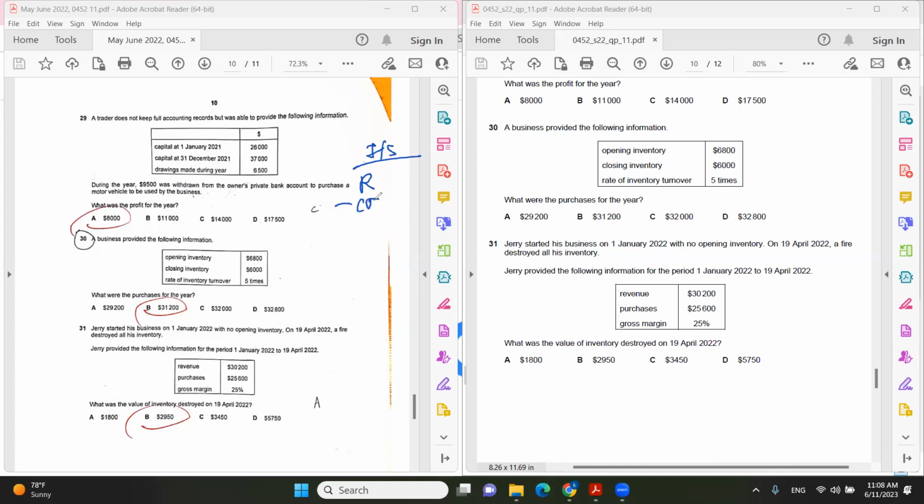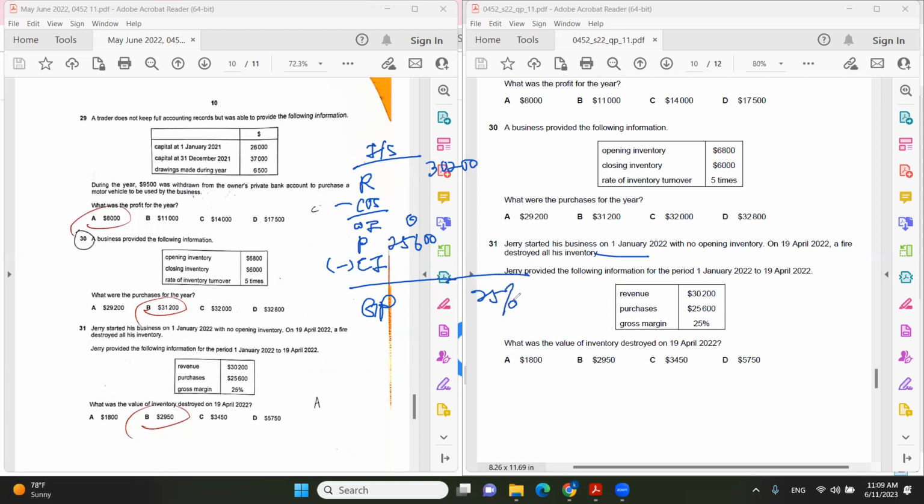Revenue minus cost of sales. Cost of sales, opening inventory, purchases minus closing inventory. We get gross profit. The question already said they started business, there is no opening, 0. Revenue is 30,200. Purchases is 25,600. And the gross margin is 25%.